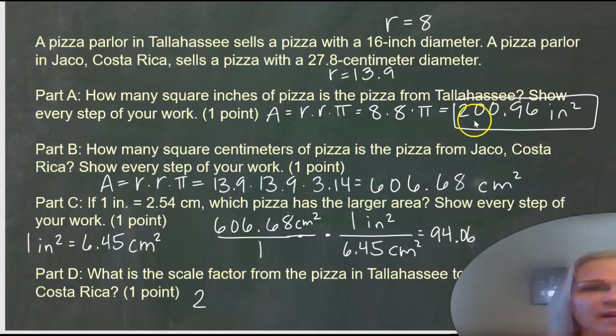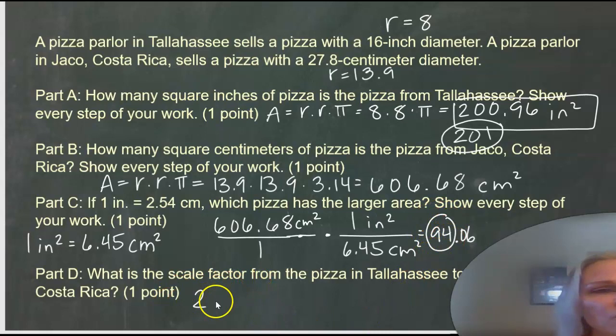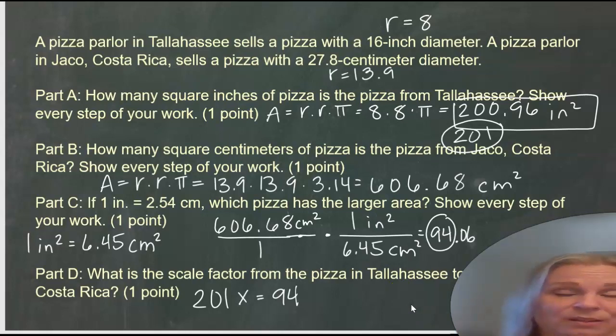So I'm going to say the Tallahassee one is 201, and I'm going to say that the Jaco pizza is 94. So if I'm going from 201 times something equals 94, right? That's what it means when we want the scale factor from one thing to another. It means what do you multiply that first thing by to get the second thing, right? It's getting smaller, but still I'm multiplying. I'm just multiplying by something less than 1.